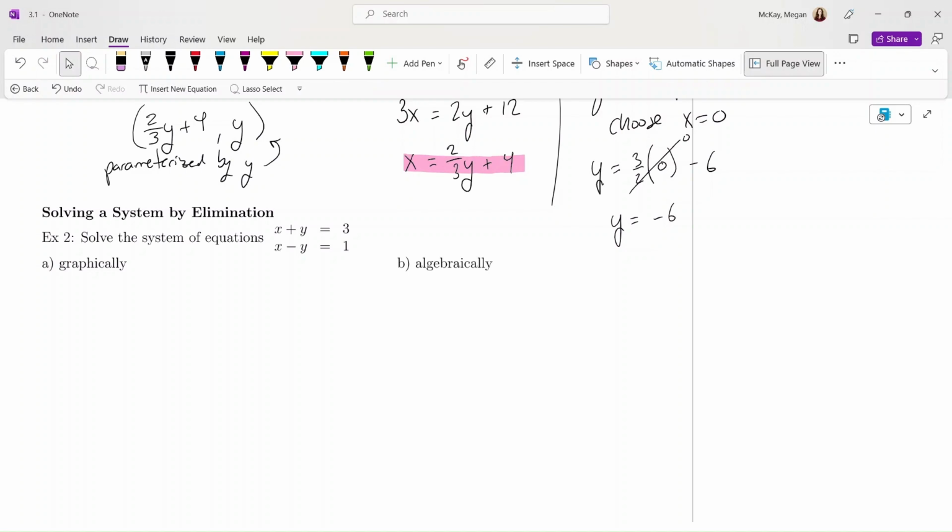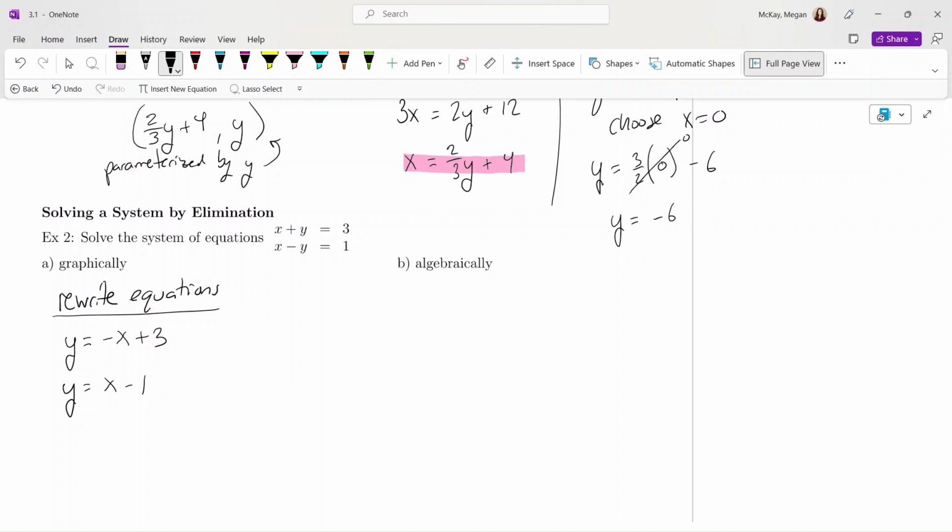Looking at it graphically first, let's rewrite these equations in the form of y equals mx plus b. The first one, if we solve for y, we get y is equal to negative x plus 3. And the second equation, we get y is equal to x minus 1.